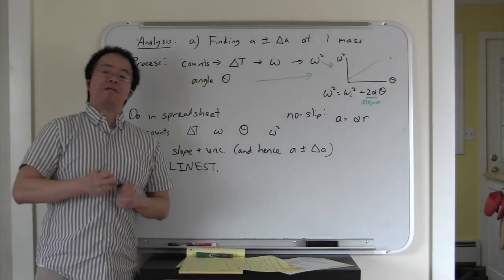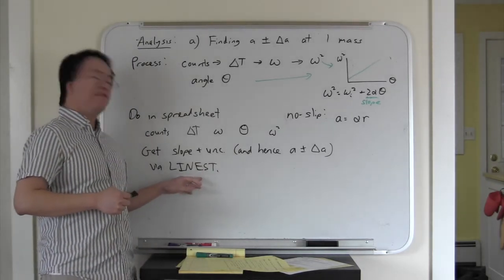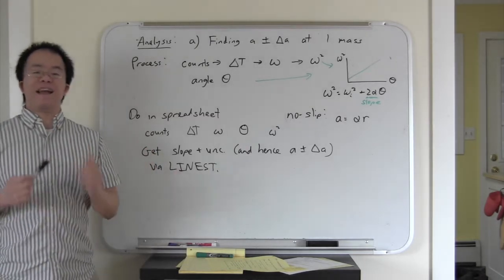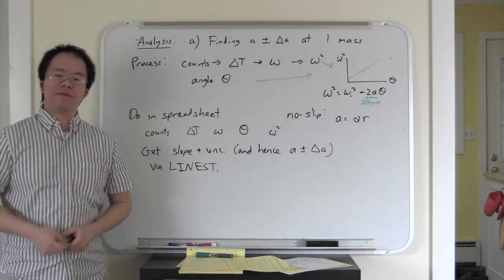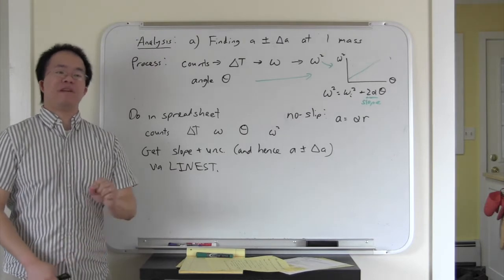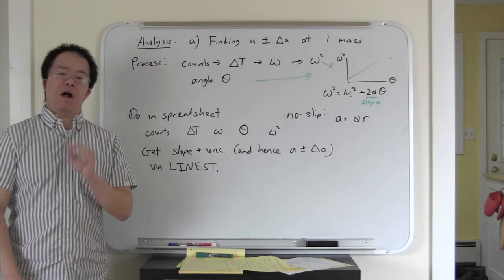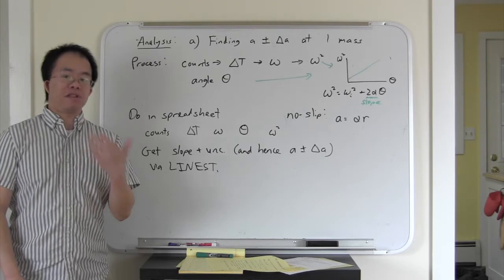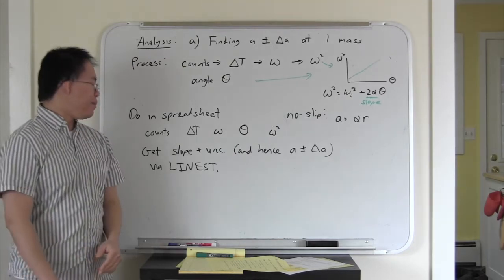As I'll talk about in the Excel video, the linest or linear estimation function gives you some statistical uncertainty on the fit parameters, namely the slope and the intercept.